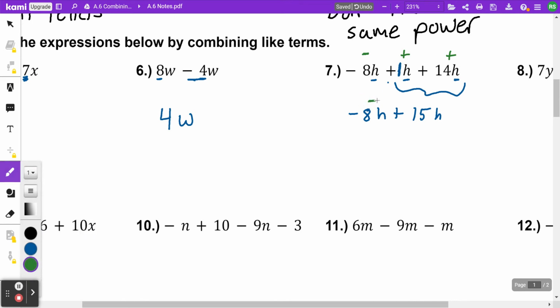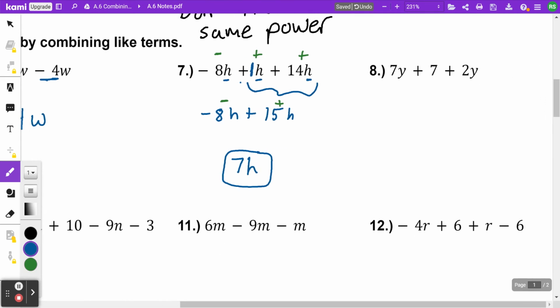If we've got 8 negatives and we've got 15 positives, which team is winning there, the positive or the negative? 15 is greater than 8, so the positive team is winning, so it's going to be a positive, and they are winning by 7 points, so it's 7h. Positive 7h is our final answer there. Okay, so notice, we're really just focused on the coefficients out front.